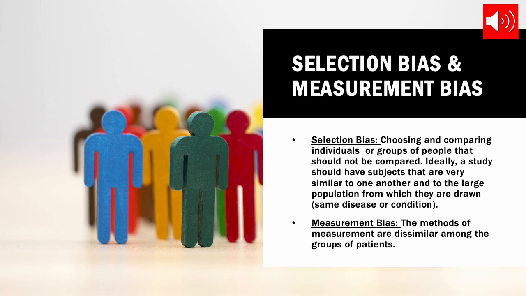Selection bias occurs when you're comparing individuals or groups of people that should not be compared. Ideally, a study should have subjects that are very similar to one another and to the larger population from which they're drawn.